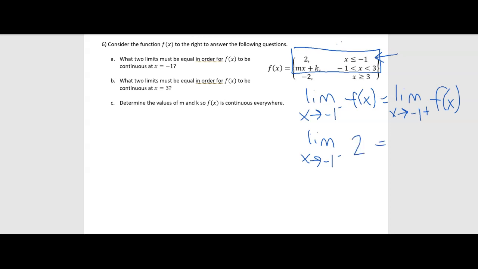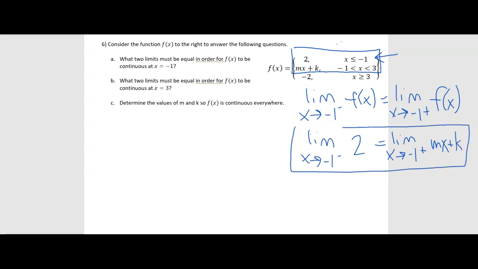And mx plus k is the piece of the function that deals with values greater than -1 and less than 3. Because that would be our answer to part A.